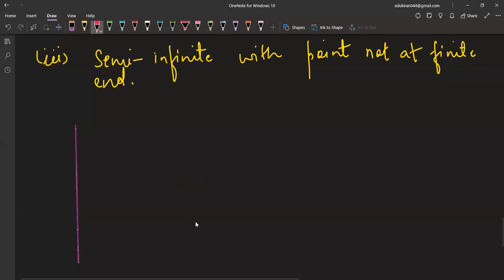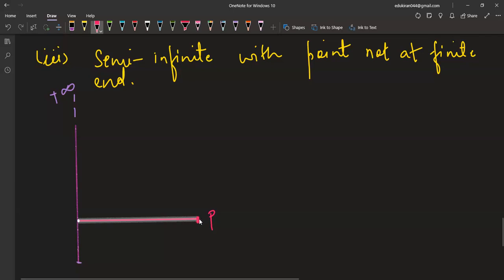See, suppose I have given point P over here. A semi-infinite wire means these ends are extending up to infinity, but this is finite and fixed. Now the point is not at the finite end, meaning the point is somewhere here. This point is not meeting the finite end.